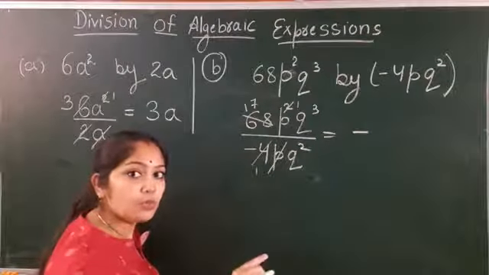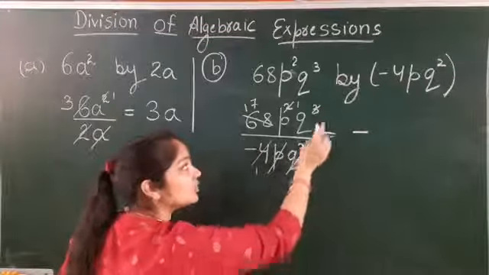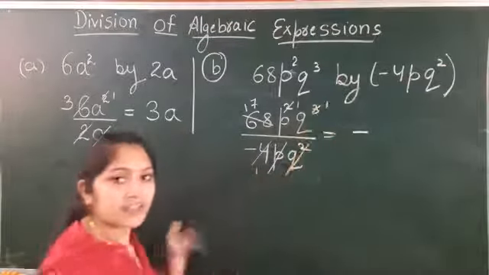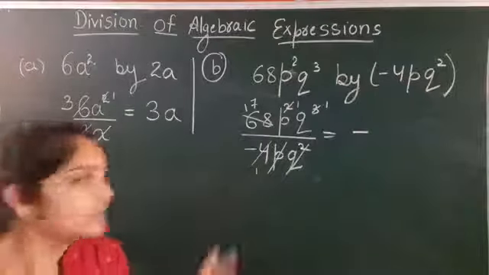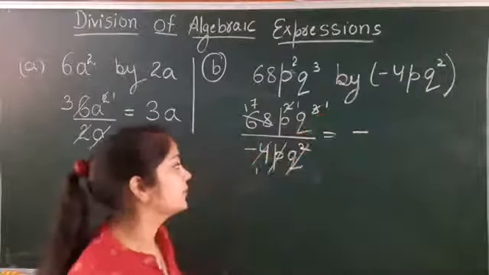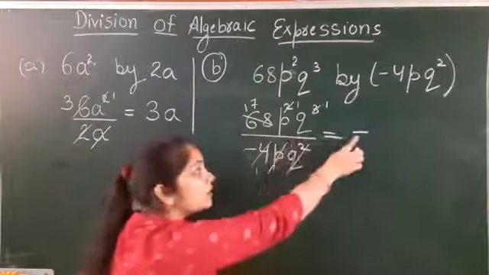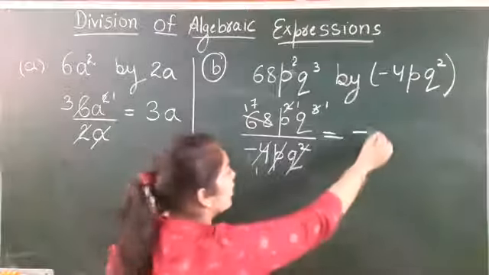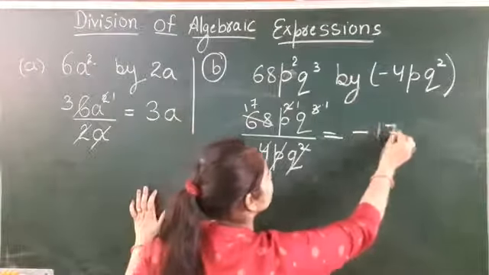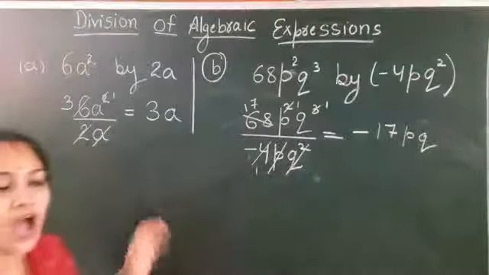So 2 q in the numerator will cancel out with these. You will be left with only one q, right? So that's why I've crossed this 3 and I've written 1 here. Now this negative I'm writing with the numerator and now you will have 17 pq. So this is your answer.